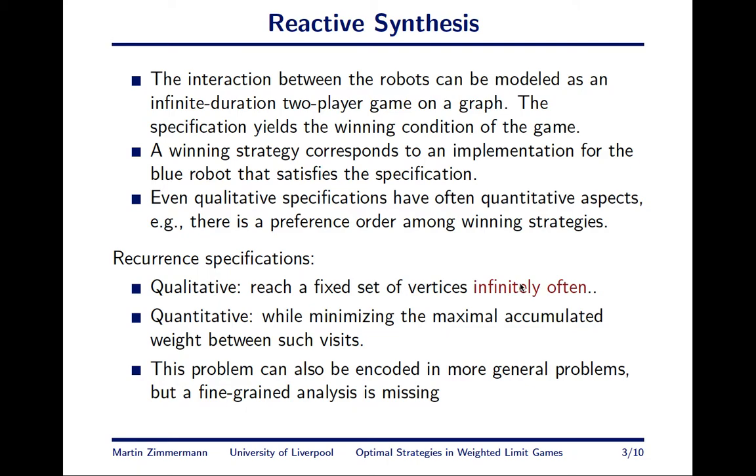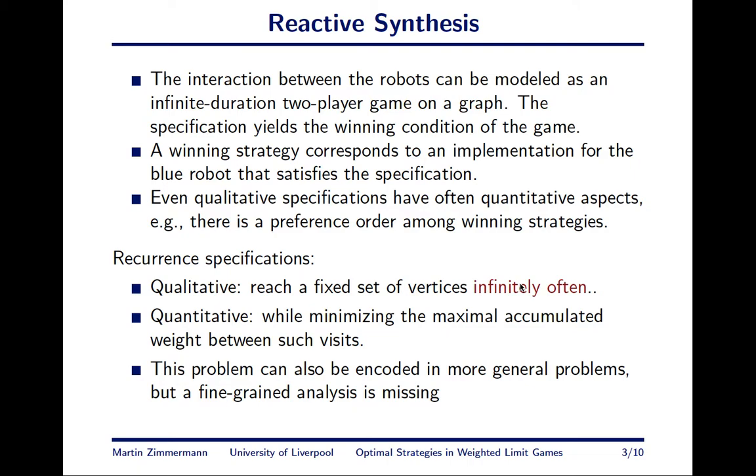Okay? And this problem can be encoded in a wide range of more general problems as a special case. And we have a long list of such more general problems in our paper. But they do not yield a fine-grained analysis of the complexity of the problem, and in particular not of the values of strategies and the size of strategies you need to implement these optimal strategies.